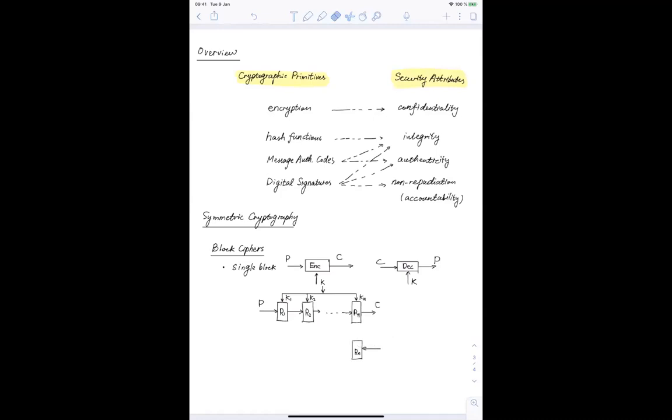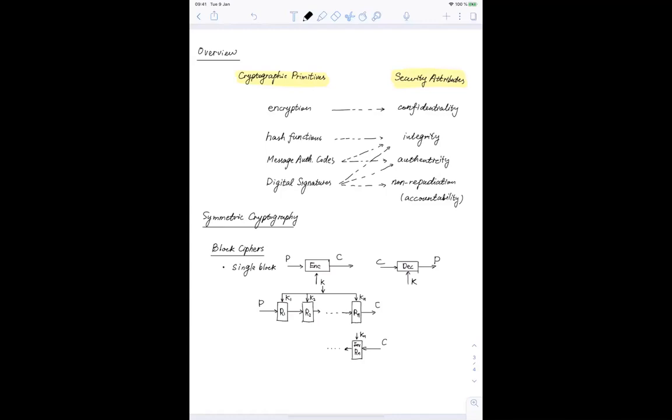To be able to decrypt the ciphertext C, we need the inverse of round function Rn. I denote it as inverse here. And here we need the same key for the last round, Kn. And the output will be the input of the previous round.